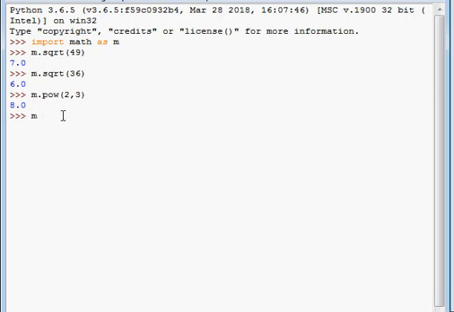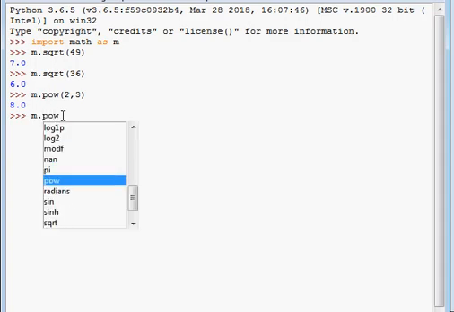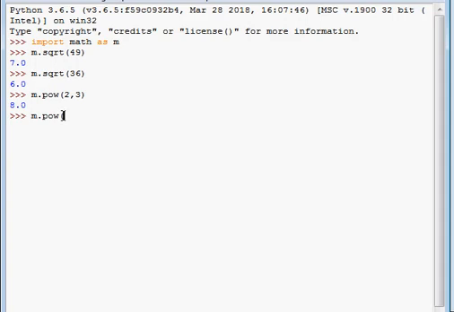In the same way, if I want to find out 3 raised to power 3, then what should it be? 3 raised to power 3 equals 27. So for that you should say 3,3. So this is our second function that we have done of the math module. pow is the function, and for using it you have passed two arguments. One you can say a, another is b, and it is giving the answer a raised to power b.